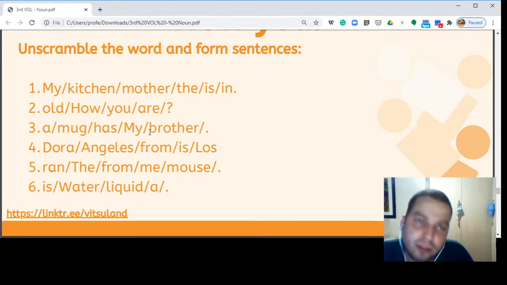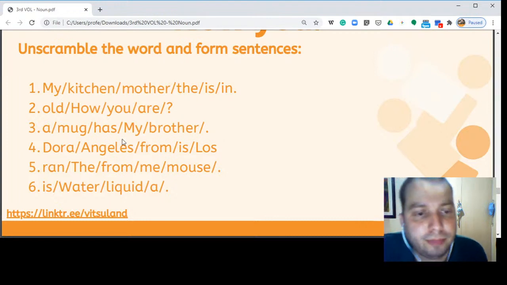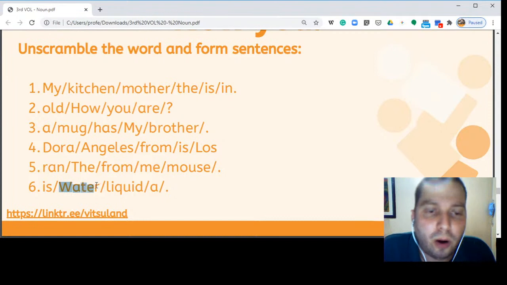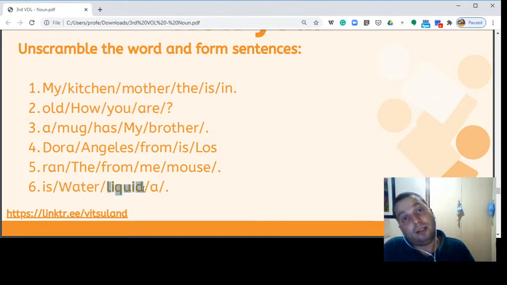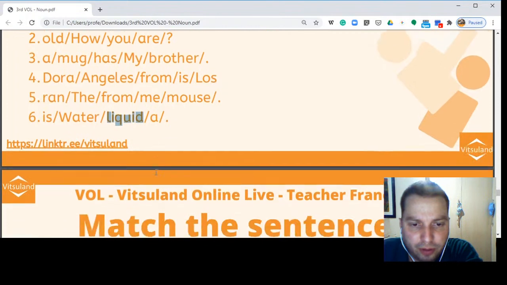So mouse, run is a verb, so ran from me. And sentence number six, water and liquid, so we have two nouns. So that's the part related to nouns.